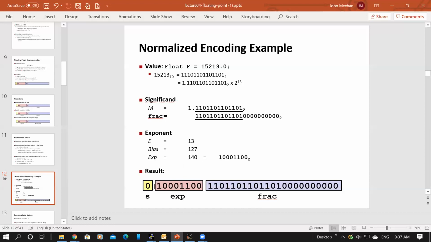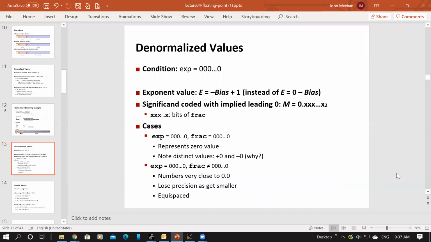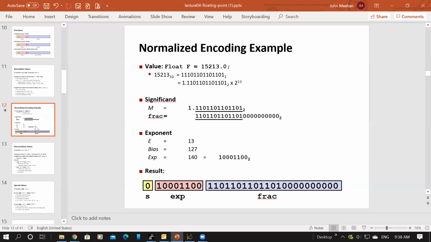So we put 140 in there because if you take 140 and you subtract the bias from it, you get the E, the thing we're really trying to represent. So that's the scheme for what we call a normalized form floating point number, what it looks like. Has anybody got any questions about that?